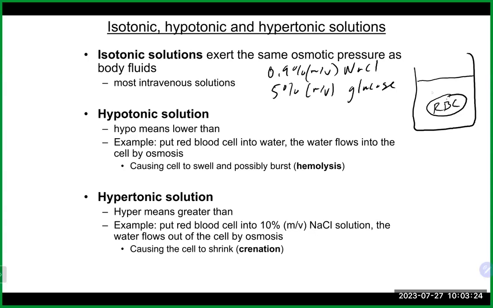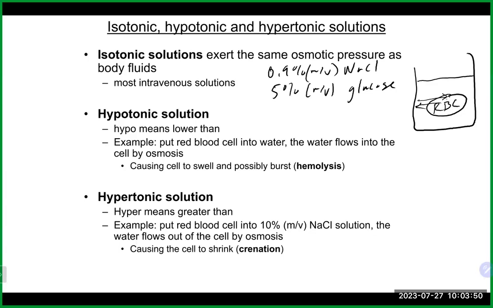And that will allow pretty much equal flow in and out of the cell, and the cells will be okay. And again, that's why IV solutions are isotonic, because if you're getting an IV, you're probably not in great shape, and you don't want to cause any more damage by giving something that's going to screw up your cells. So you want to make sure that the pressure is okay.